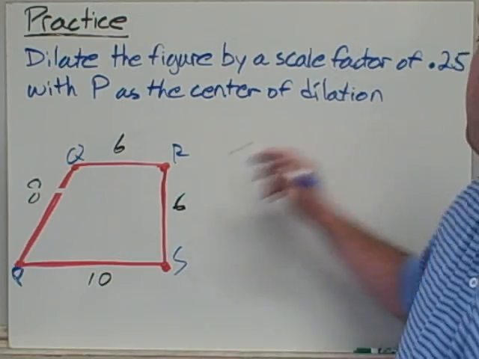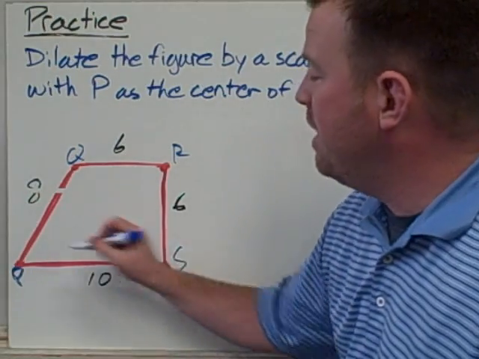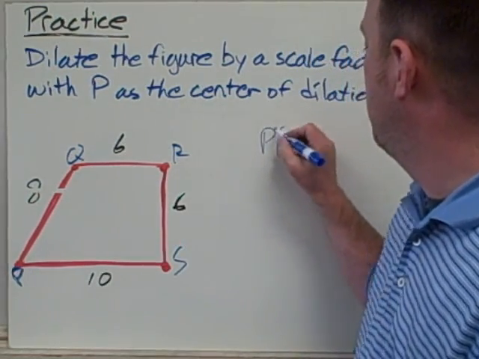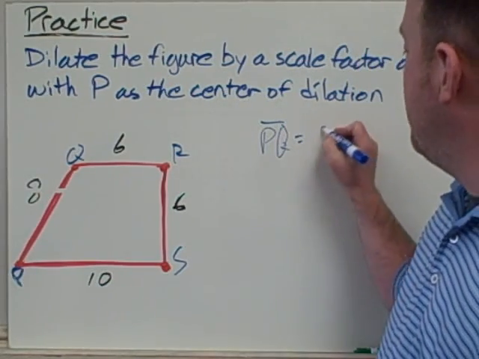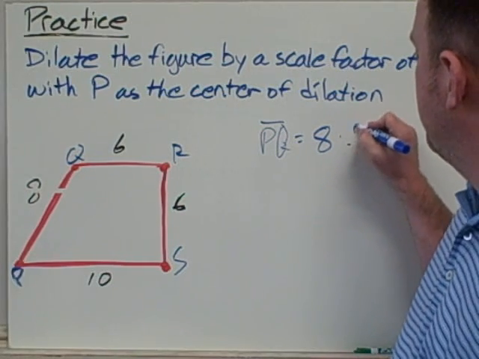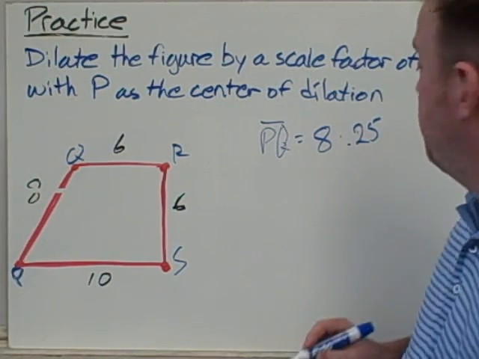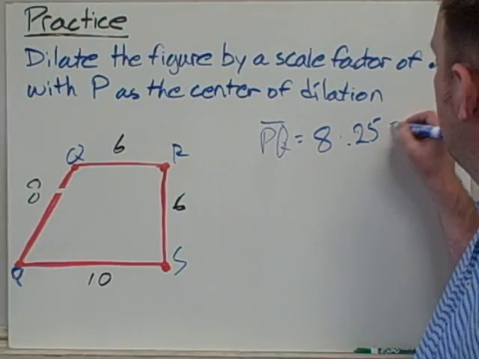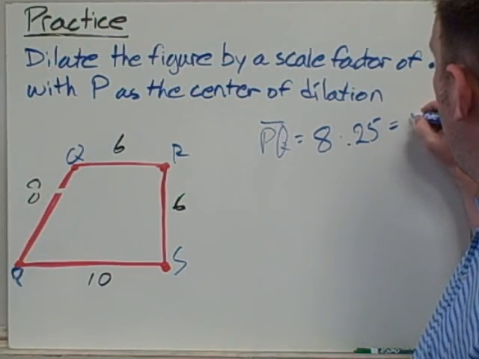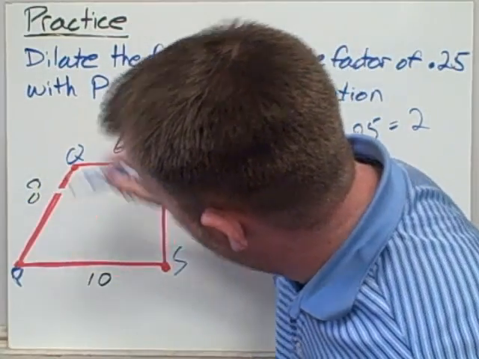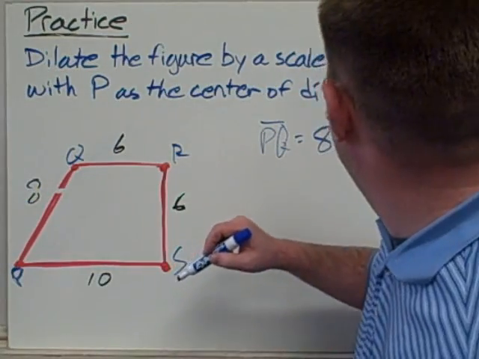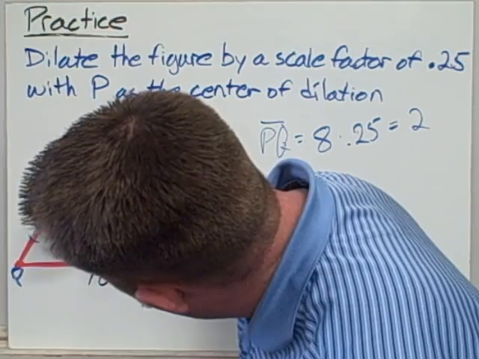Okay, so we have a scale factor of 0.25. If PQ is 8 units, we're going to multiply that times 0.25. And 8 times 0.25 is going to be 2. So our new measurement is going to be 2, right here.